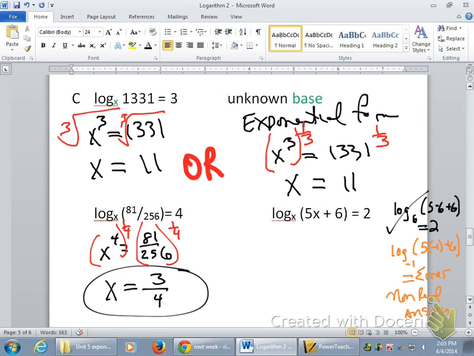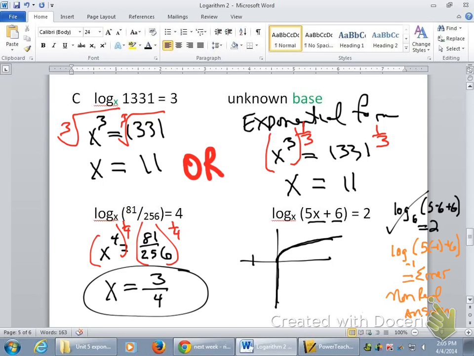Okay? The graph of log base x of 5x plus 6, the graph of that would be my regular logarithm graph, right? Actually, it goes like this. And it would be shifted over to the left 5/6.